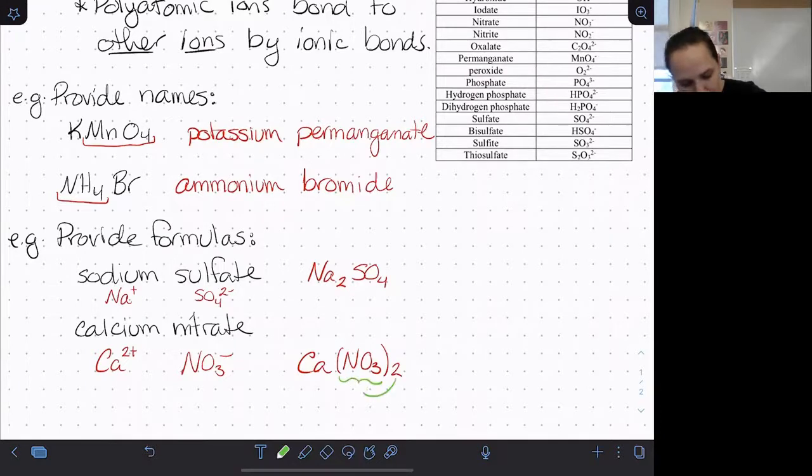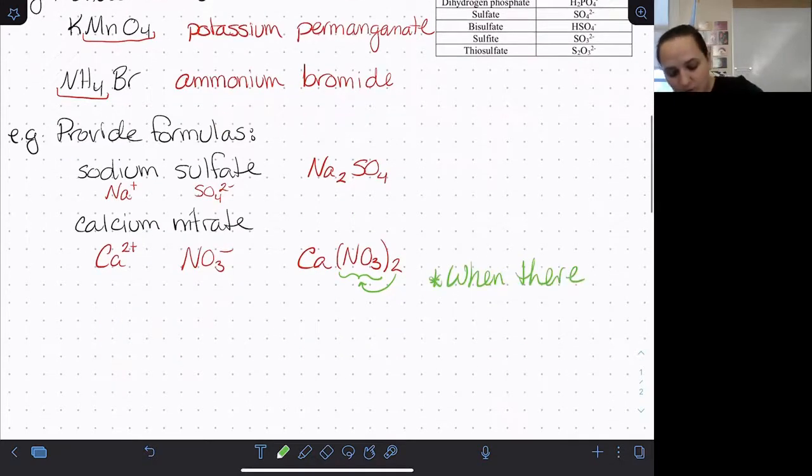So the parentheses, just like in math, are functioning as a grouping symbol here, so this subscript of 2 is now applying to this entire group of atoms inside the parentheses. So when there is more than one of a polyatomic is the only time that you use parentheses.